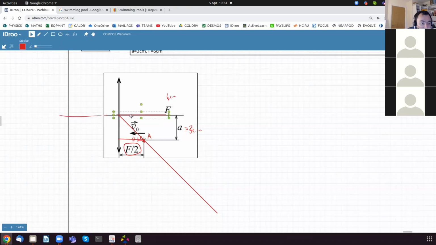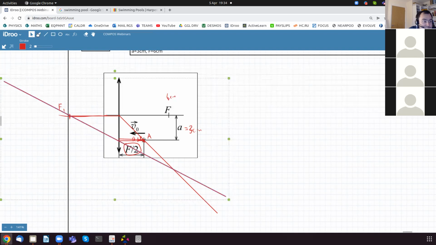We draw it from here. That's the focal point, that's the other focal point, F1. And light coming from the bug goes here, parallel, and then goes through the focal point. And if we continue that, that's where the image of the ant is. Call it A1, A prime. So this is the image.